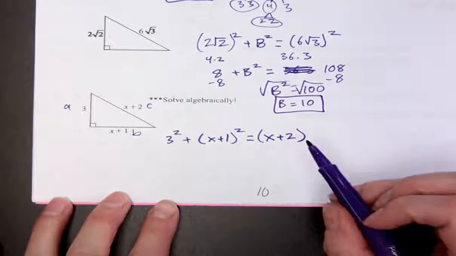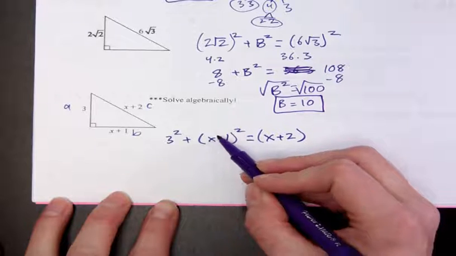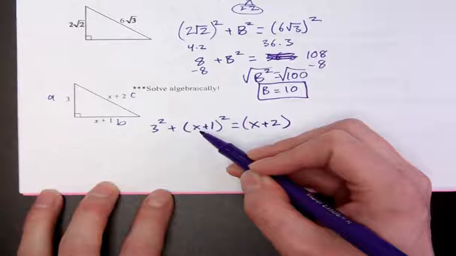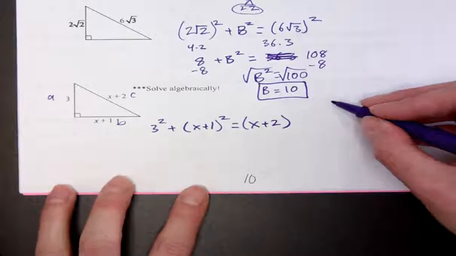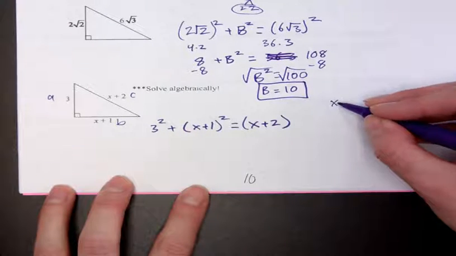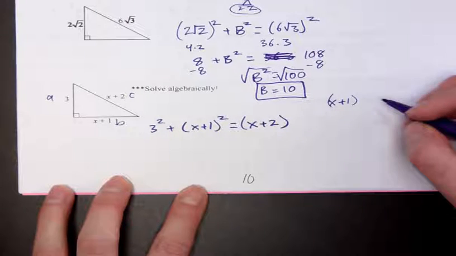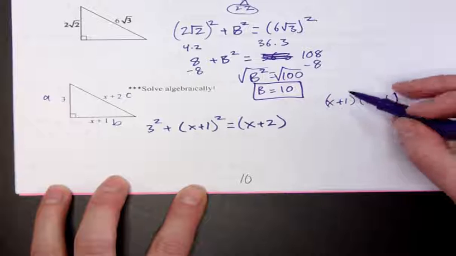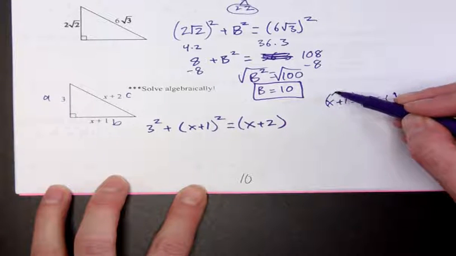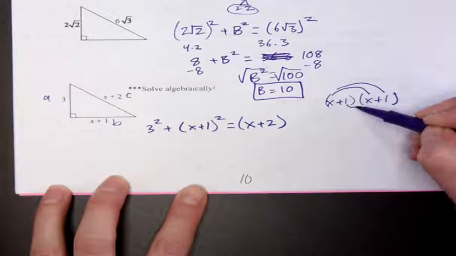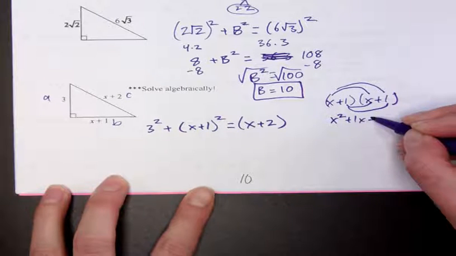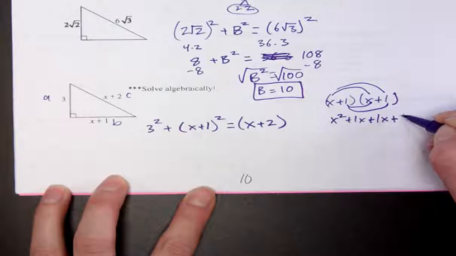So just remember, when we're squaring a binomial, which means we have 2 terms with a plus sign in the middle, we have to actually multiply it all out. So x plus 1 squared is x plus 1 times x plus 1. And we have to do the FOIL or the double distribute, however you learned it. So we get x squared plus 1x plus 1x plus 1.